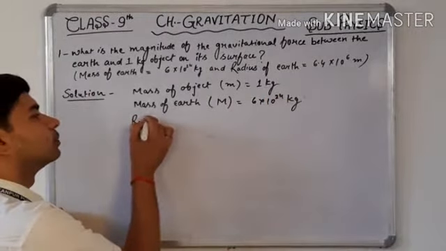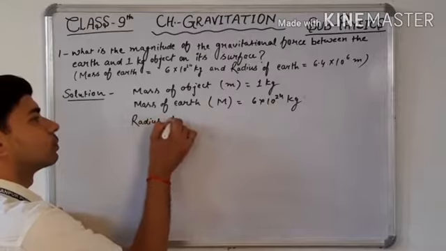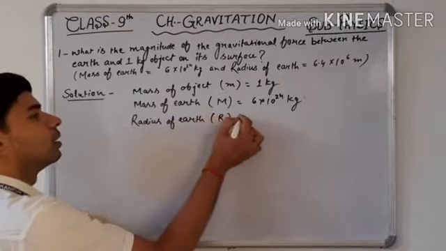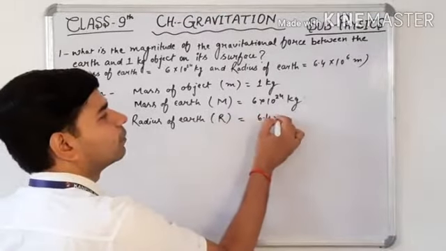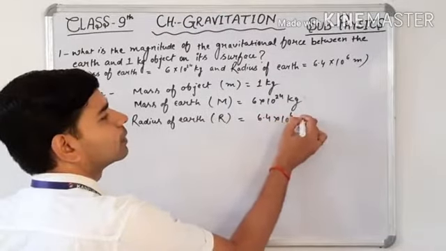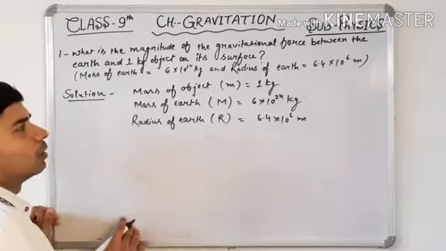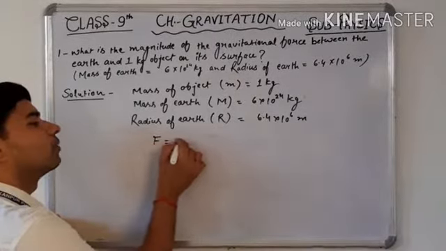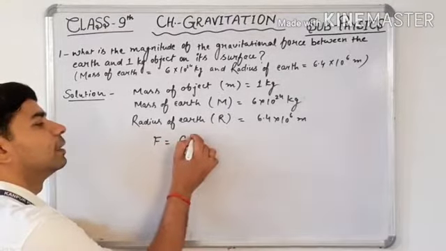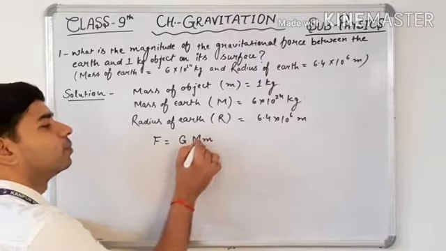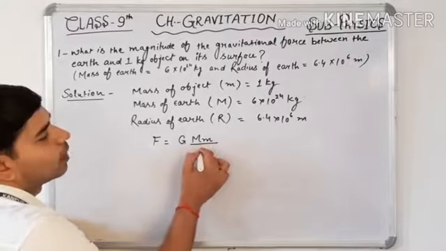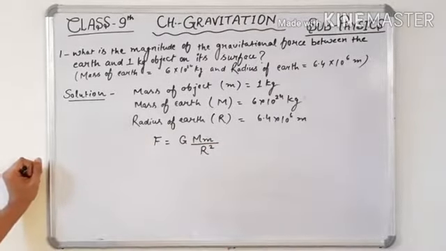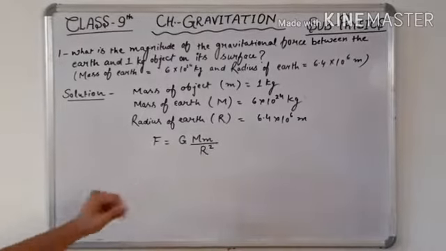Radius of earth, capital R, is equals to 6.4 into 10 to power 6 meter. We have the formula F equal G M into small m upon R square. This is the formula of gravitational force. Now put the values.